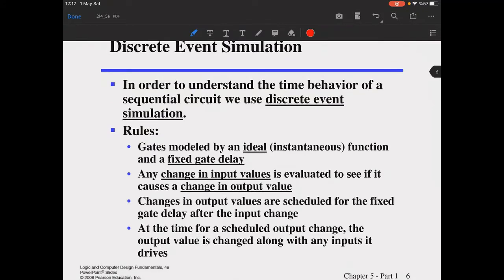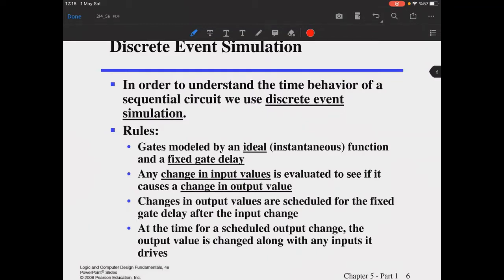In discrete event simulation, we try to understand how our circuit behaves. Here the gates are modeled by an ideal function and a fixed gate delay. We're just assuming that the gates have a delay of so many milliseconds or something like that.